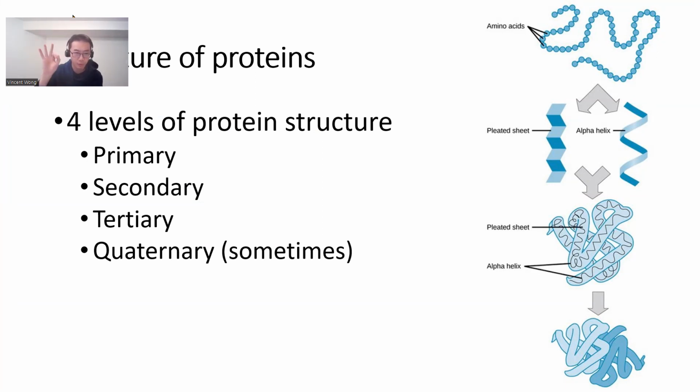All the proteins will have 3 levels for sure, but the 4th level sometimes might not be there, depending on the kind of protein we are dealing with. So primary, secondary, tertiary, as well as quaternary. Those are the 4 levels of protein structure.